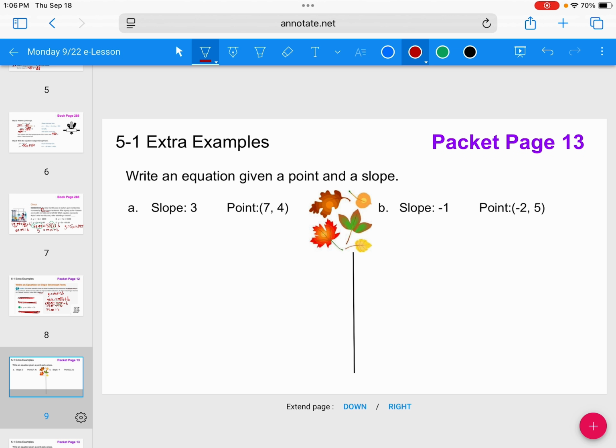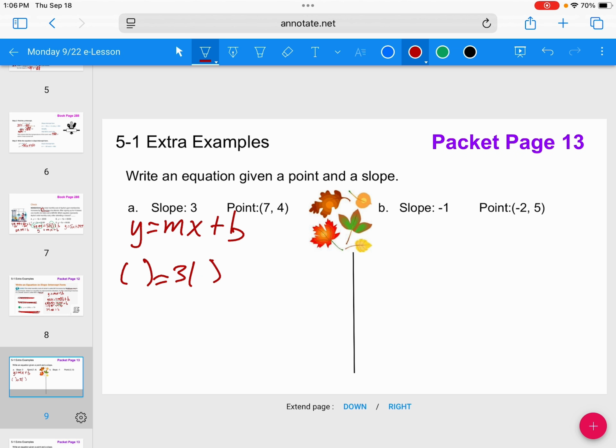Write an equation given a point and a slope. So there is a way to use something called point-slope form for this, but we're going to figure it out in slope-intercept form. So we've got our slope, so y equals mx plus b, and we're going to input our slope into it, so m equals 3, and then we're also going to replace x and y with the numbers from our point so that we can figure out what b is.